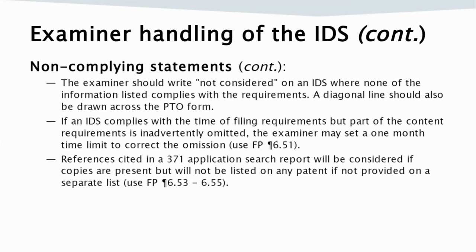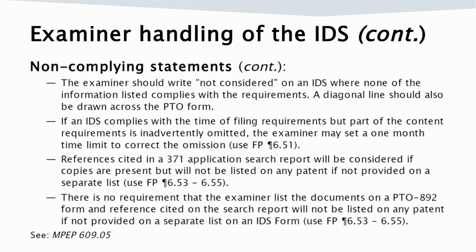In such a case, the examiner should consider the documents from the International Search Report and indicate by a statement in the first office action that the information has been considered. There is no requirement that the examiner list the documents on a PTO-892 form, and references cited on the search report will not be listed on any patent if not provided on a separate list or an IDS form. Use form paragraph 6.53 to 6.55.